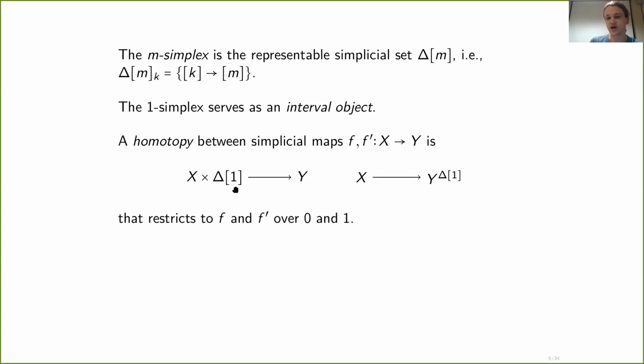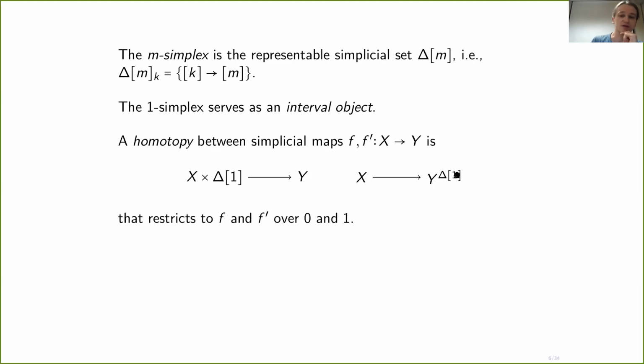Alternatively, you can think about this, by an adjunction, as corresponding to a map from x to the internal hom object y to the power of delta 1. So, at this point, I'm using all the basic facts about the category of presheaves that we're working with here. Namely, it has limits, it has colimits, it is Cartesian closed, so it has these internal homs.